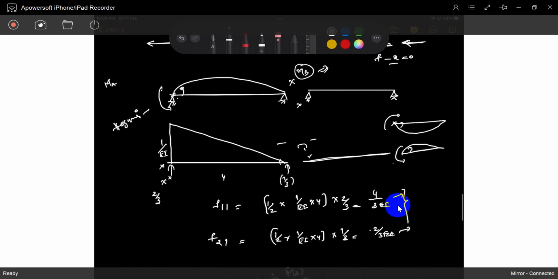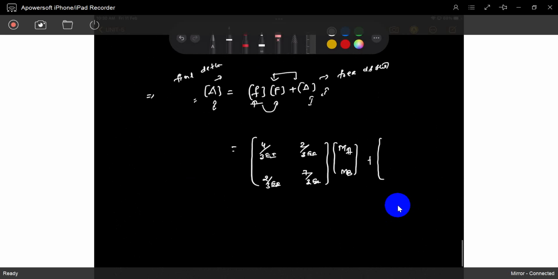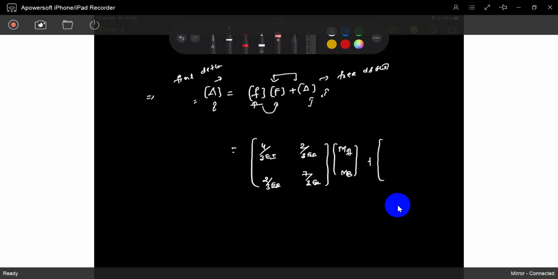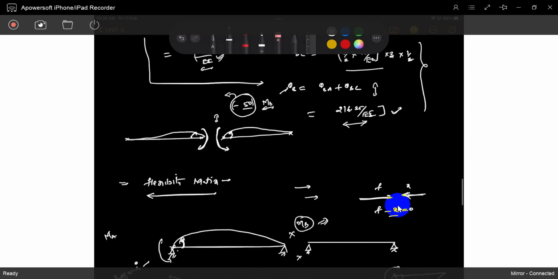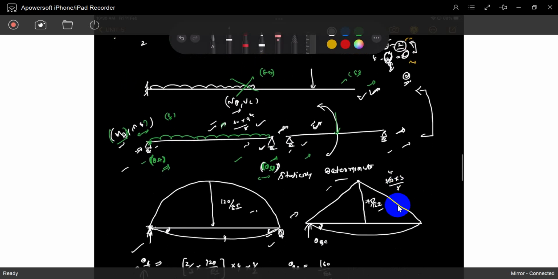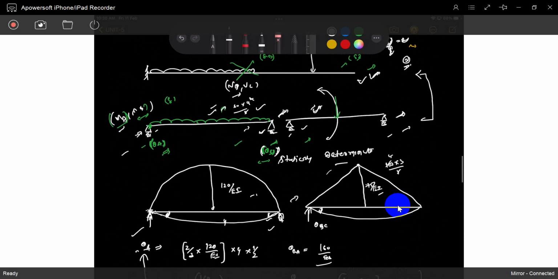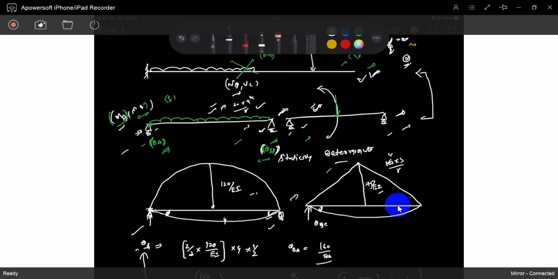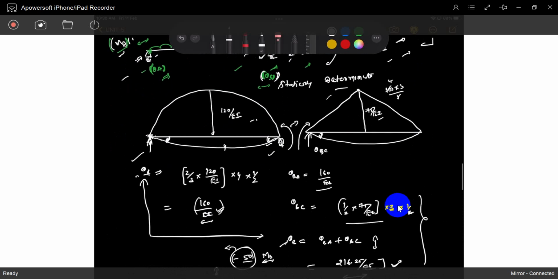you have to assume one is positive and one is negative. So you can write it like this. You take this direction, this direction, so these values are negative values.